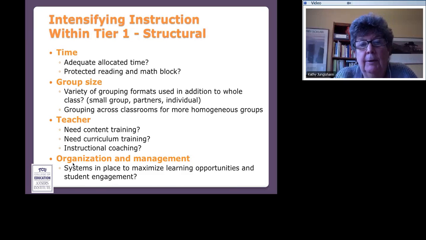And is that 2-hour block or 90-minute block a protected block? Or if you look across a week of school, are there interruptions to that allocated time in reading? Are students actually not getting a full 90 minutes on a regular basis? Are there assemblies scheduled? Are there field trips? Are there other interruptions to the schedule that is reducing the amount of time that's allocated to instruction?